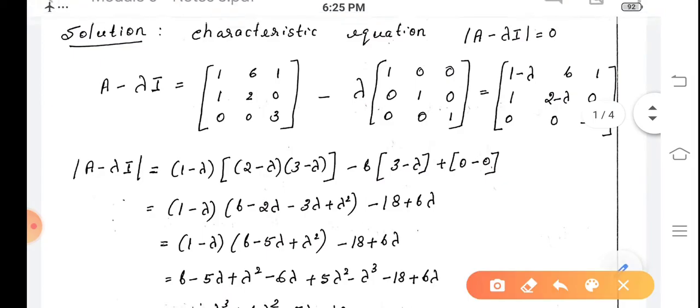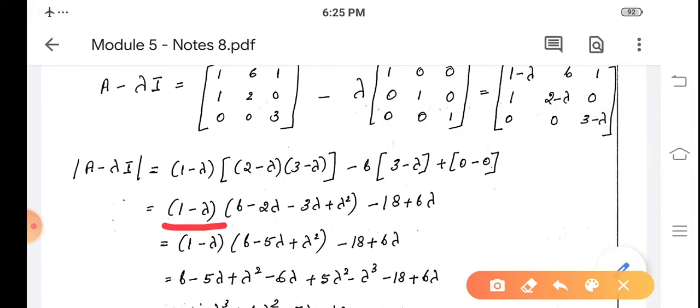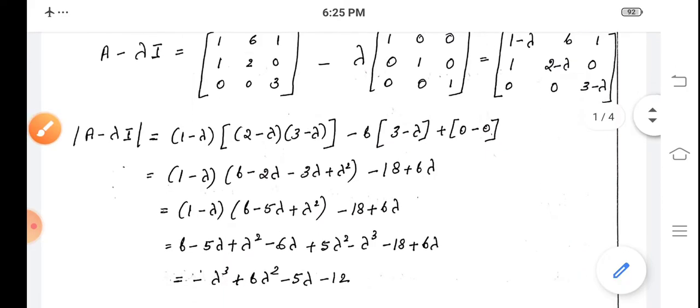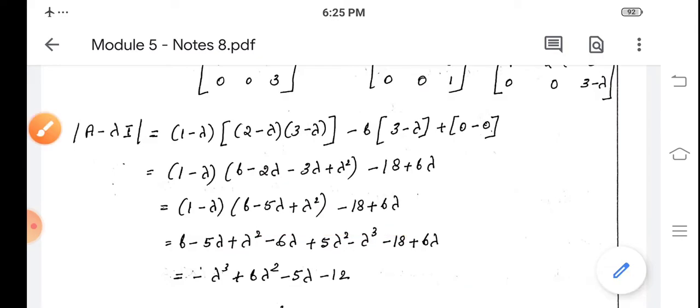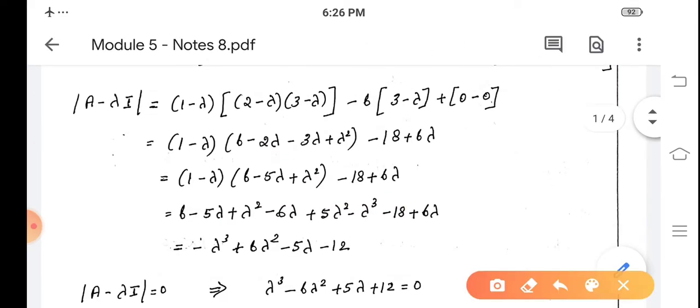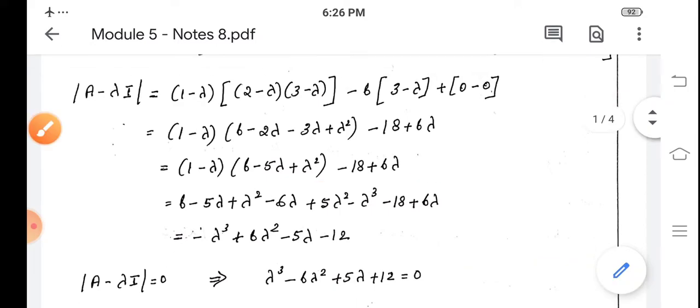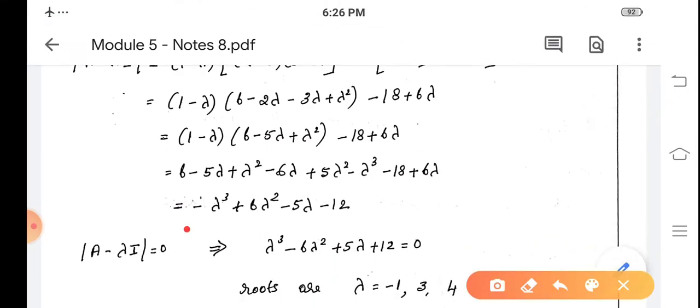So the determinant of A minus lambda I is 1 minus lambda into 6 minus 2 lambda minus 3 lambda plus lambda square, and this will be minus 18 plus 6 lambda. On simplifying this, we obtain 1 minus lambda into 6 minus 5 lambda plus lambda square, minus 18 plus 6 lambda. That will be equal to minus lambda cube plus 6 lambda square minus 5 lambda minus 12. This is the determinant of A minus lambda I.